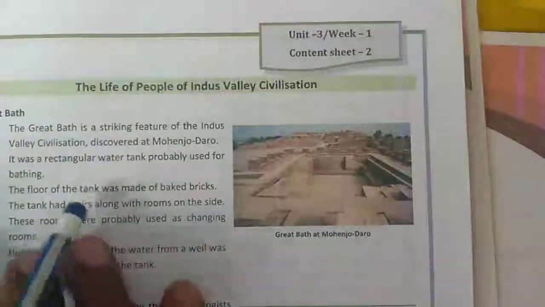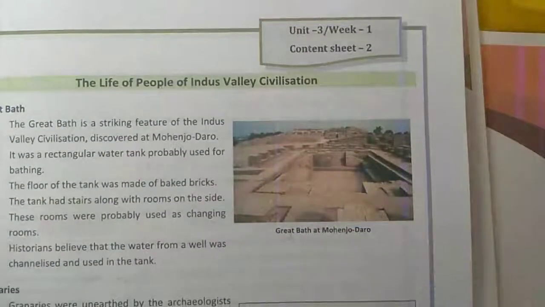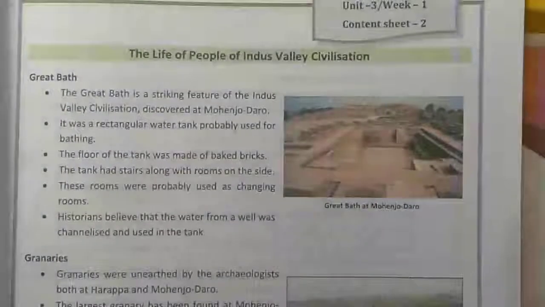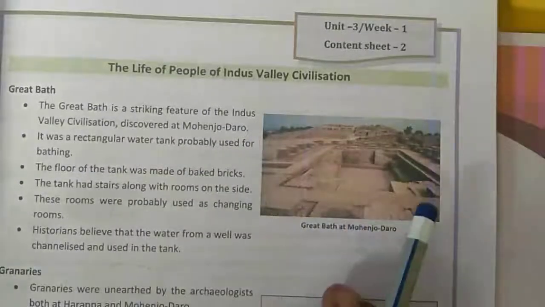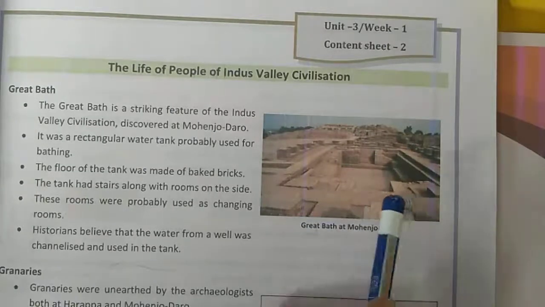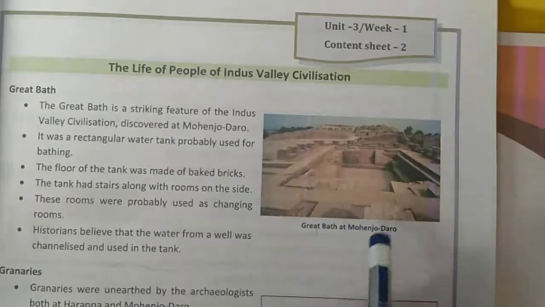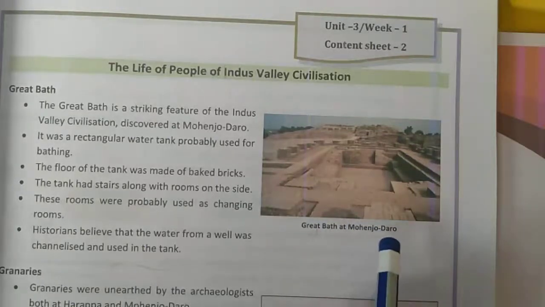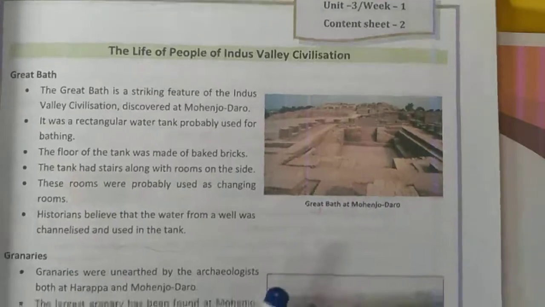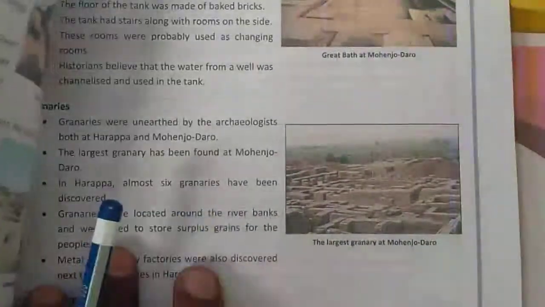After that, we took information about the Great Bath. This picture is of the Great Bath. So what information did we take? That there was a Great Bath, and near that Great Bath there were small cells as changing rooms, and these great baths were built in that Indus Valley civilization.